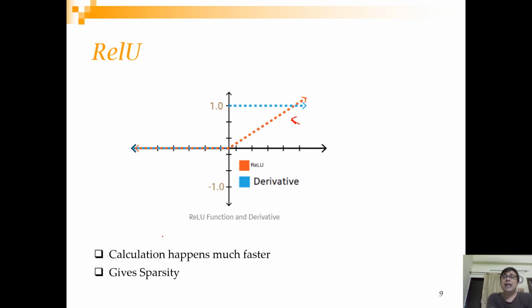Another advantage is that it gives sparsity. What do we mean by that? In any machine learning or deep learning model, the more layers, the more parameters you have.